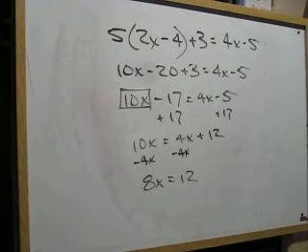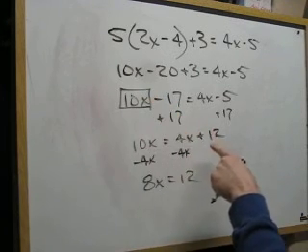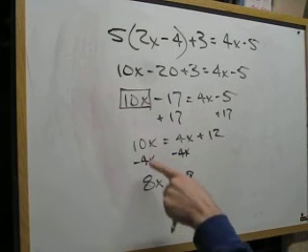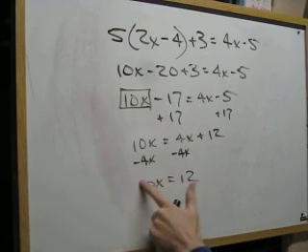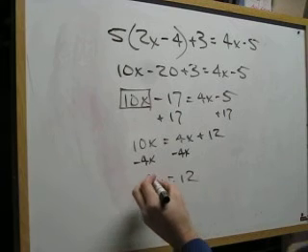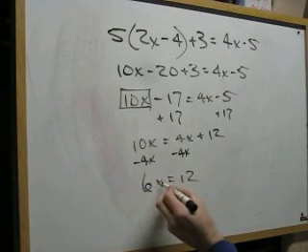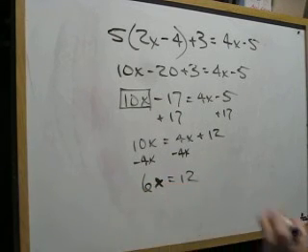Let's see if I can find it. 6x. There it is. 10 minus 4 is 6x. Silly me. Alright, so even the instructor screws up regularly, doesn't he?